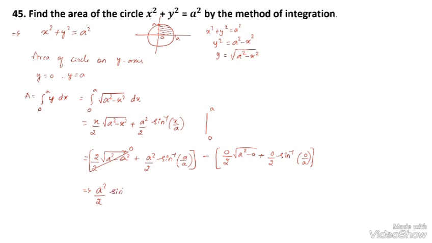Sine inverse of a by a is sine inverse of 1, and the lower limit value becomes 0. That is a square by 2 into sine inverse of 1. What is the value of sine inverse of 1?